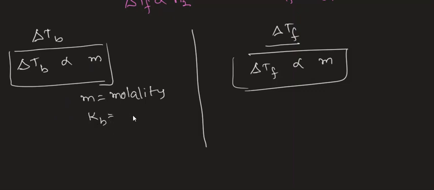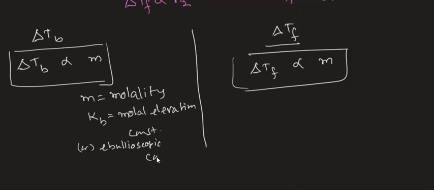It is known as the molal elevation constant, also called the ebullioscopic constant.